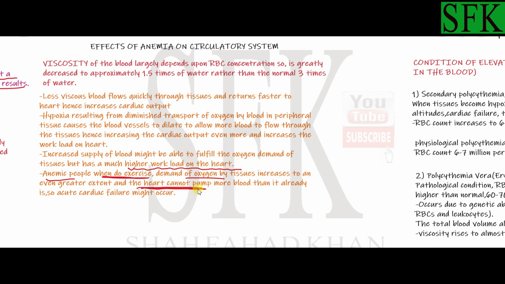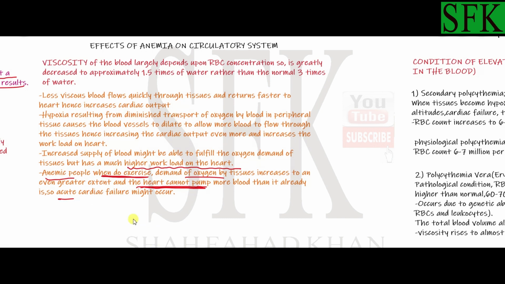And since you know that the heart is already under great pressure of pumping a high amount of blood, it can no longer pump blood as effectively as it already does. So acute cardiac failure might occur, a short-term, quick cardiac failure.